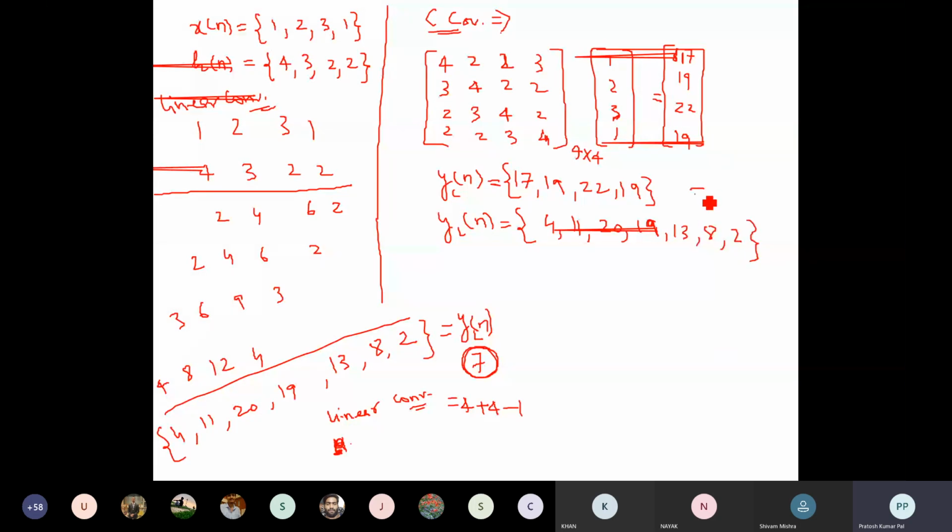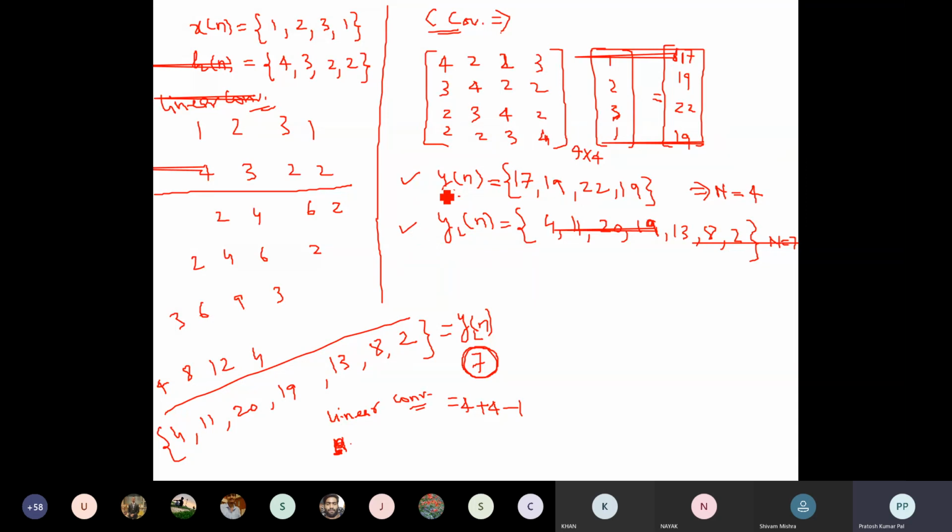So here the N value, that is length, is 4, but here the N value, that is length, is 7. Okay. So this is how the linear and circular convolutions are found out.